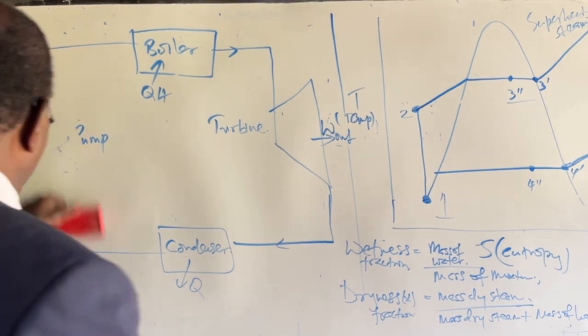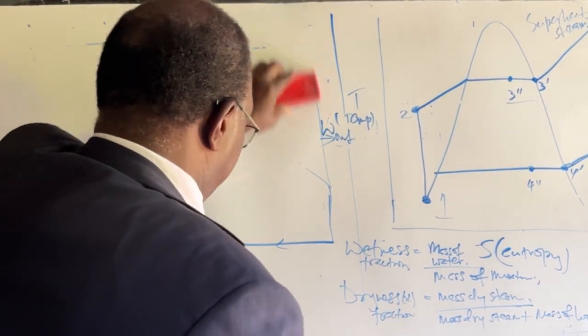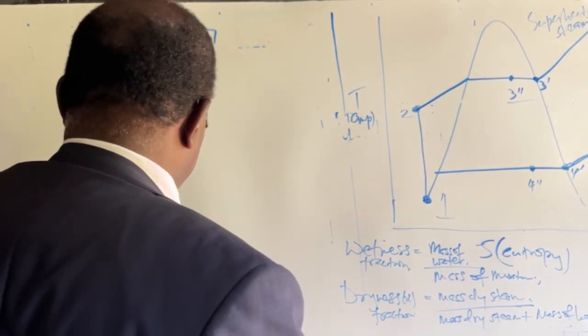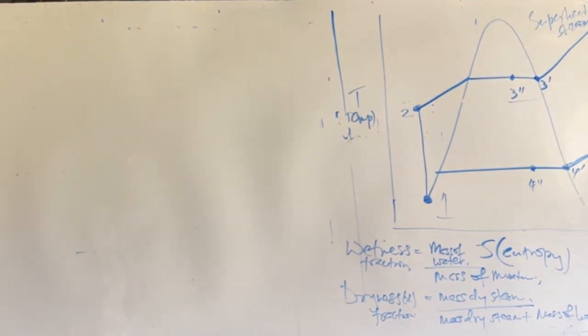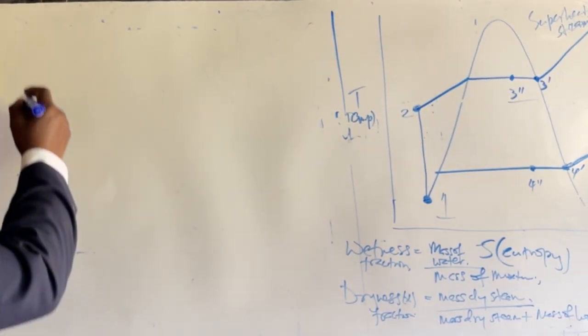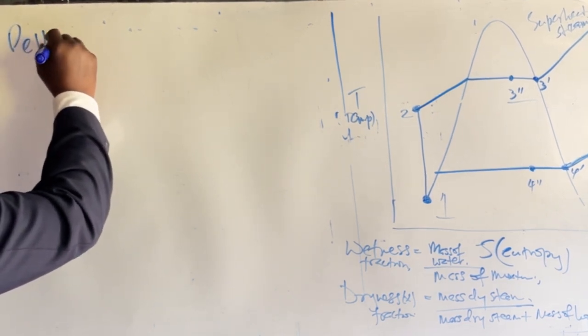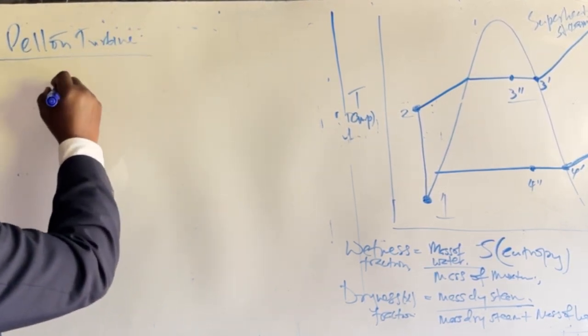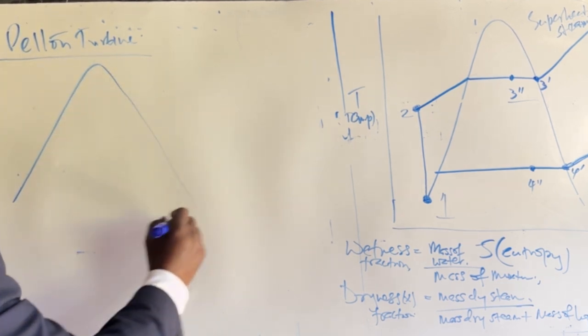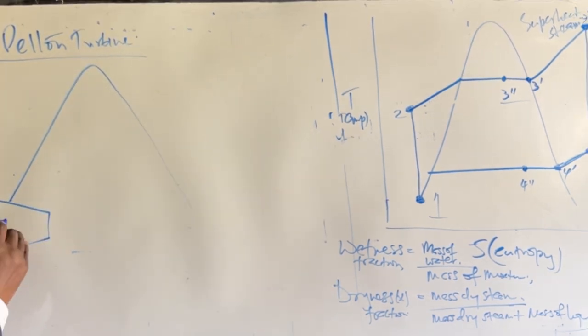Now, I need to talk about the turbine, so that you understand what we are talking about. In the turbine, what are we talking about? Let us look at the Pelton turbine. Let's just draw a schematic of it. So let's have our casing. Let's have our nozzle.